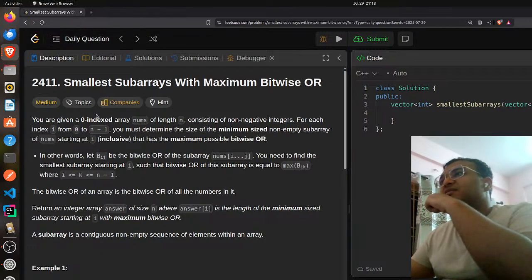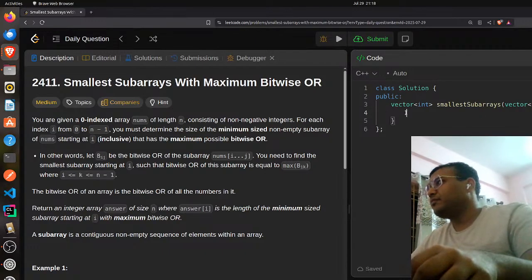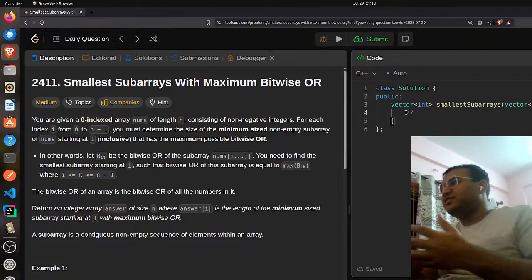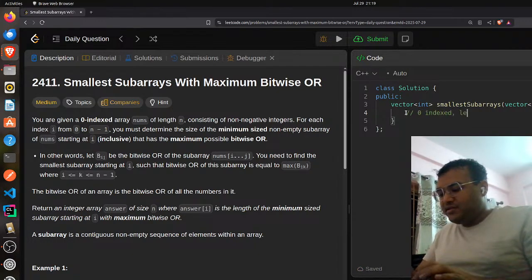You are given a zero-indexed array nums of length n consisting of non-negative integers. So we'll just start writing all the important information here. Zero indexed, length n, and non-negative integers, which means integers are greater than or equal to 0.